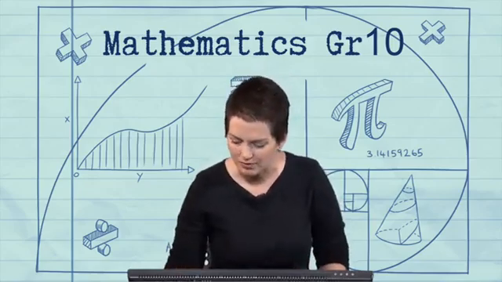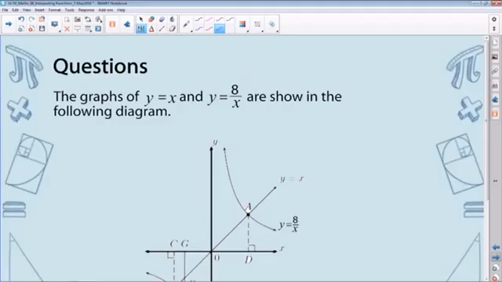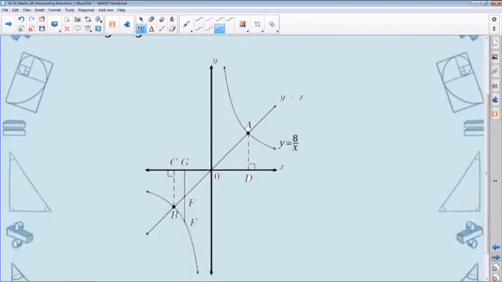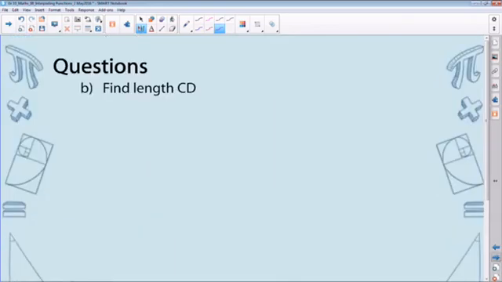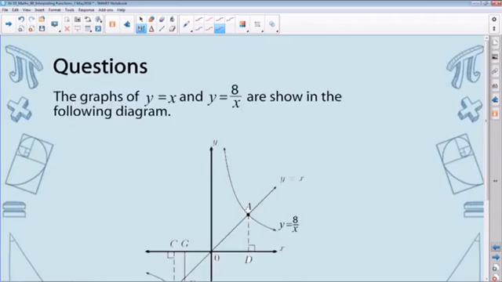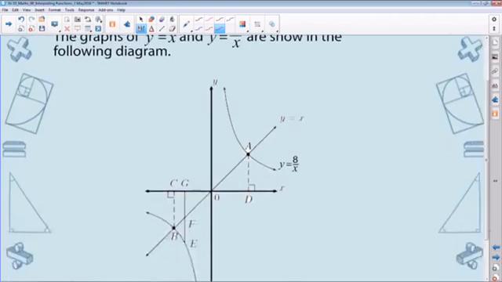Let's move on. Now the next question has the same graph repeated so that we can use it again. And it says, find the length of CD. So let's go back and look at the coordinates of CD.